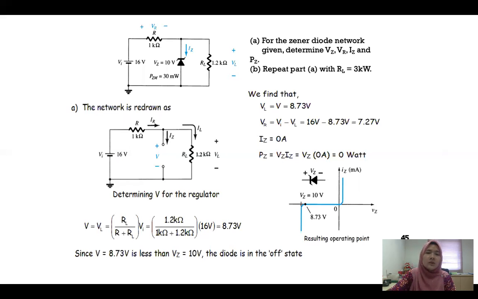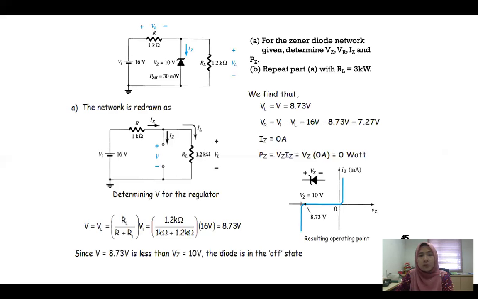Since you already know that VL equals V equals 8.73 volt, you can calculate VR. You will get VR equals 7.27 volt. IZ, because this is open circuit, equals 0. So P equals VI, and since I is 0, automatically the power is 0 watt.